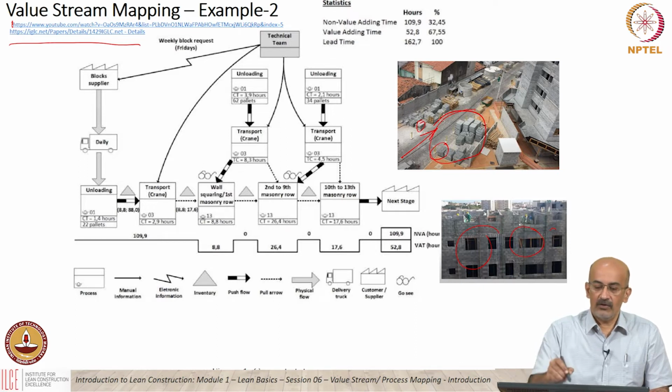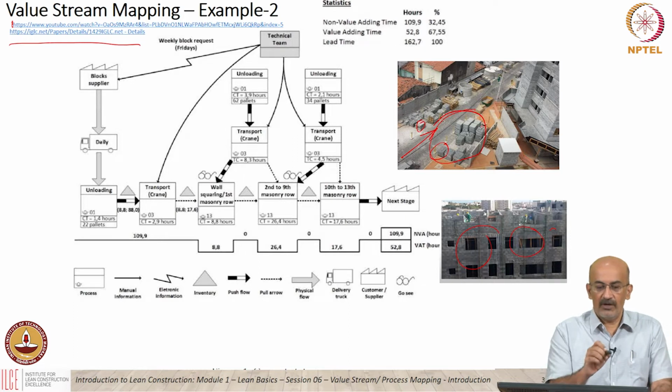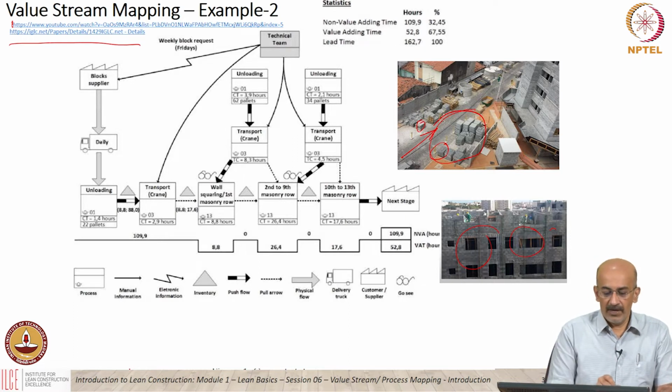Okay, and so you can see this is their basic current state VSM. Again, I'm not going to go into details. You can read through the paper, but they use again the lean symbology. You can see the push symbol here, inventory here. The way it happens, information goes.